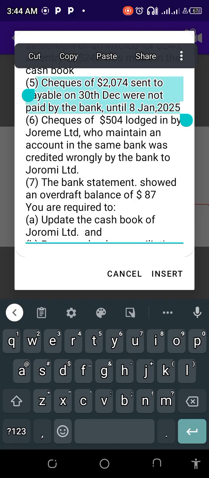This is an example of an unpresented check. Unpresented checks are items of the reconciliation. This item has nothing to do with the adjusted cash book.